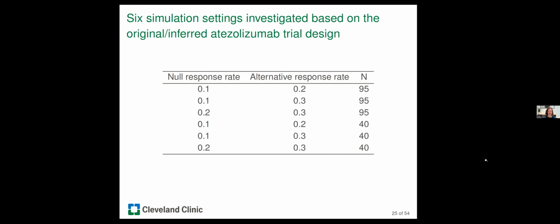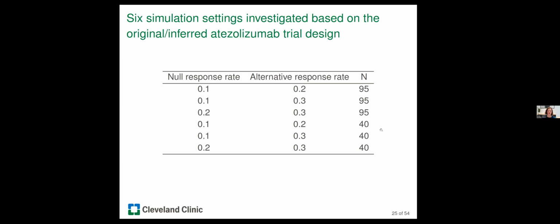So I designed a simulation study based on my best guess at what the original trial design was under a variety of potential combinations of some of these tidbits of information. I looked at 2 different null response rates, 0.1 and 0.2, and 2 different alternative response rates, 0.2 and 0.3.